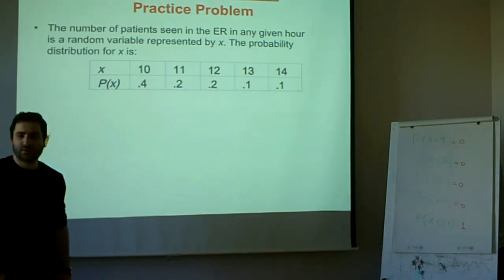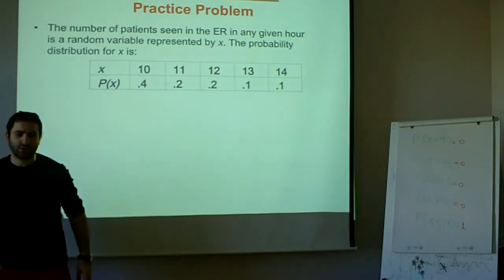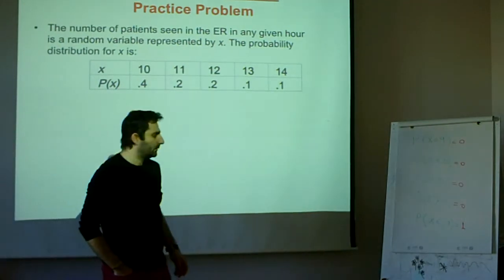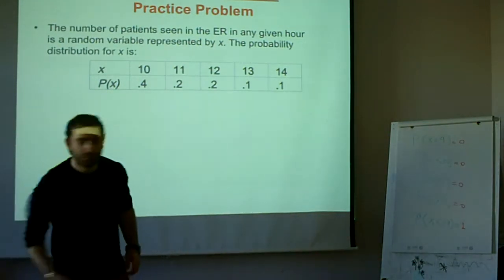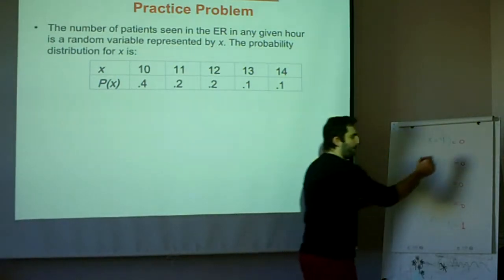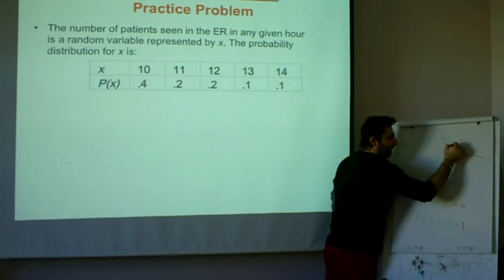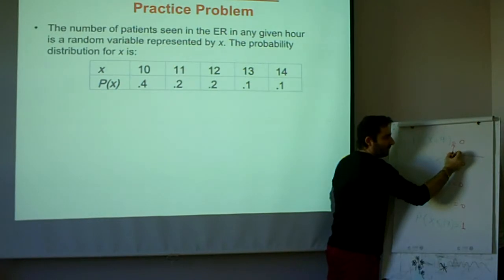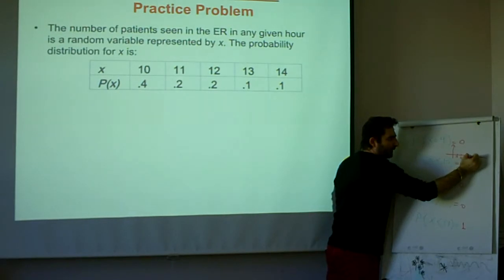PMF of this function. Can you draw the PMF? How does the PMF look like? We write here, let's say 9, 10, 11, 12, 13, 14, 15.